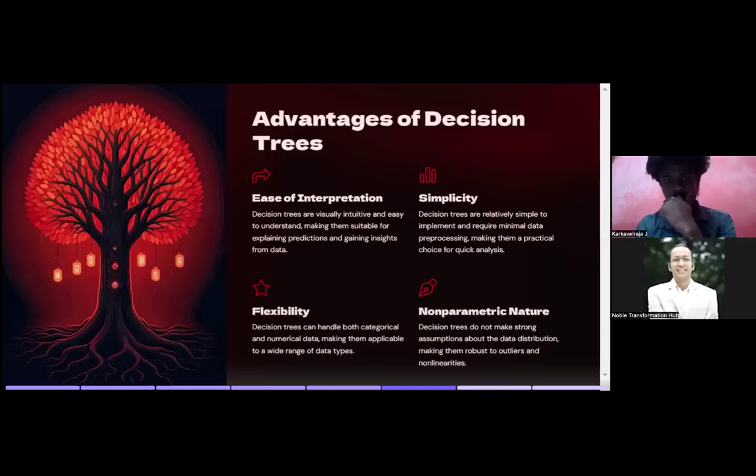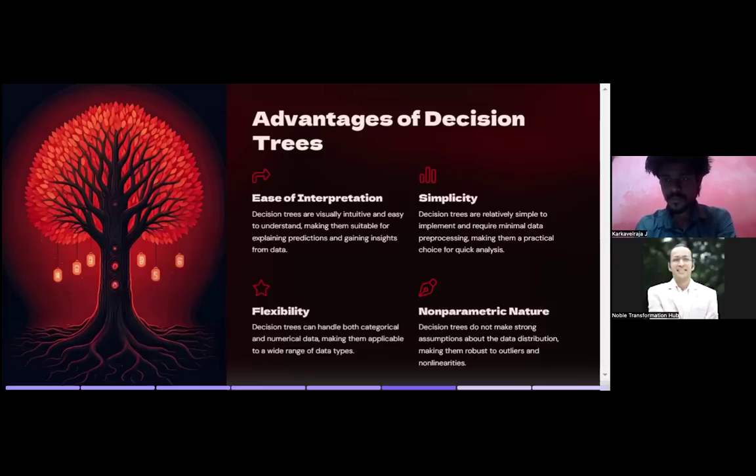That's the best thing. It can handle categorical and numerical data, making them applicable to a wide range of data types. Okay, that's what I said. You can use different types of data. That is the flexibility with decision trees.